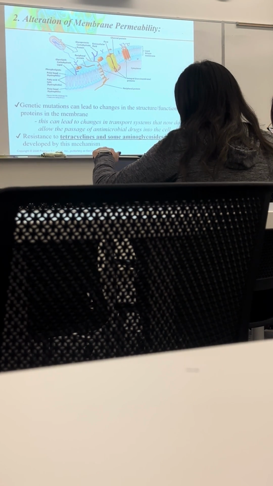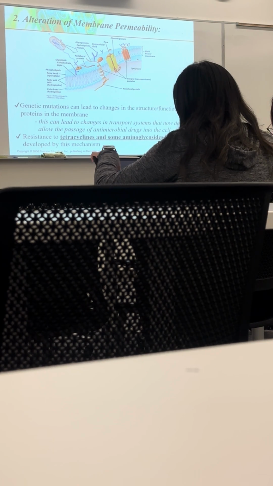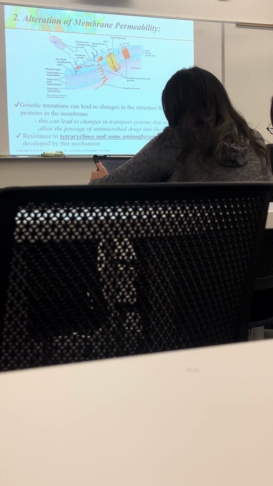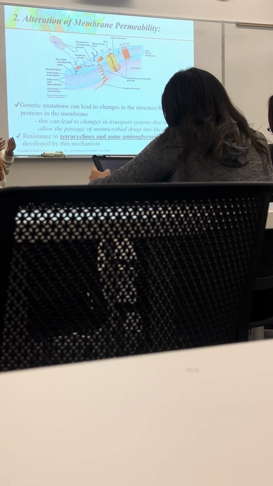Alteration of membrane permeability. Some bacterial cells can change their cell membrane to be a little bit more rigid. If it's more rigid, then it's harder for polymyxins to come into the cell membrane.